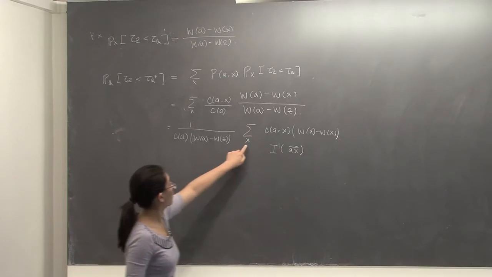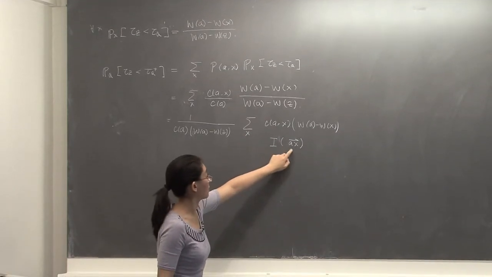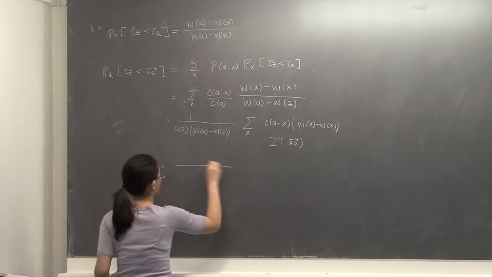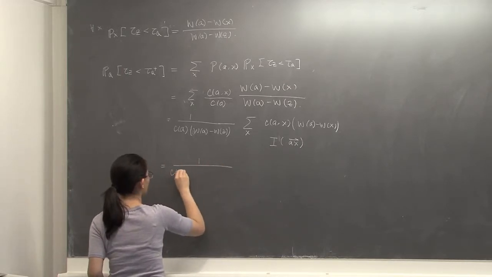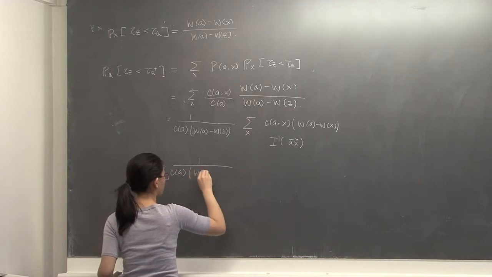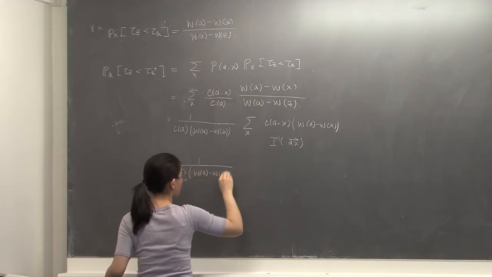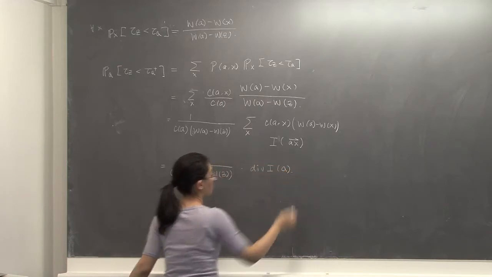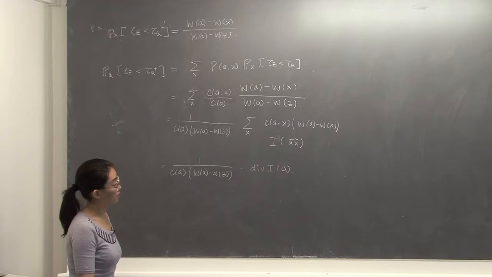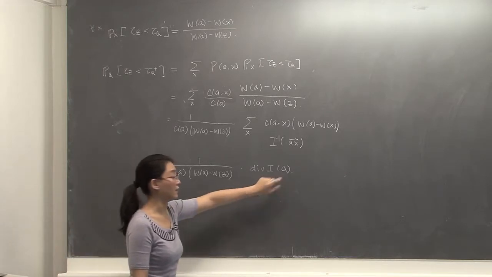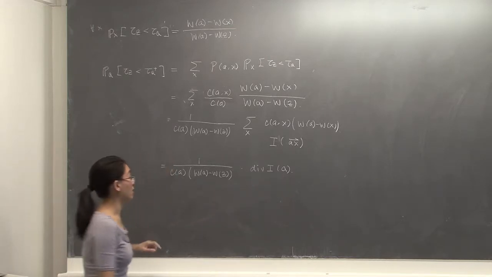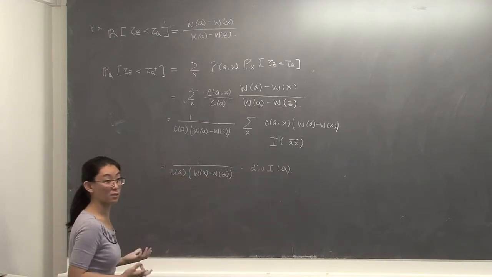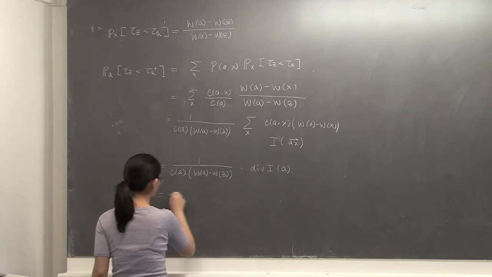And now we are summing over all X, where X is a neighbor of A. So this is the definition of the divergence of the current flow. And the divergence of the current flow at the source A is exactly the strength of I. So the strength of I divided by the difference of the voltage is the effective resistance.